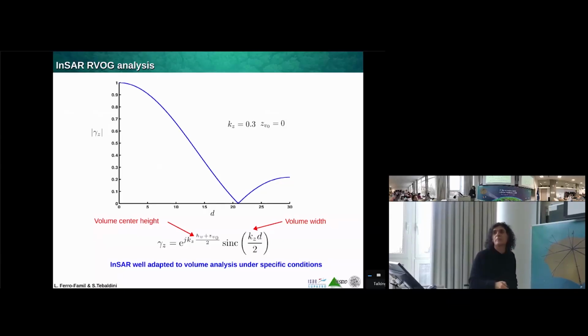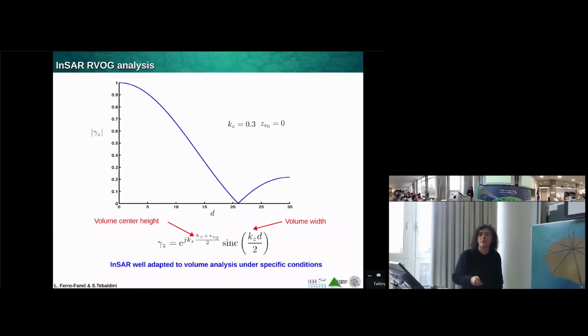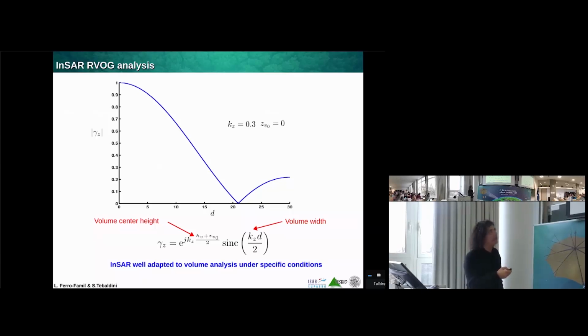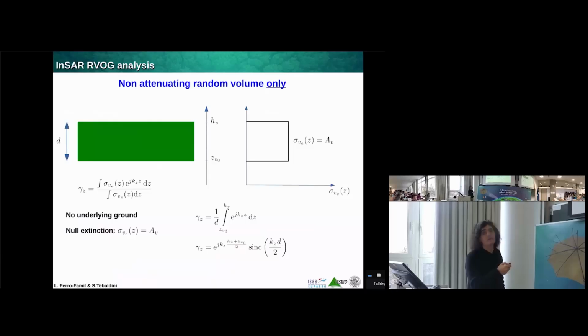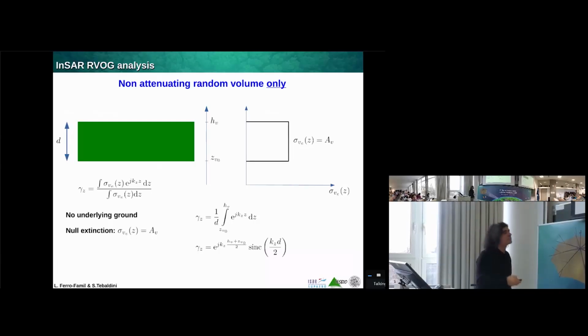So it's very interesting. It's a way to measure, in fact, one geometrical characteristic of your environment. You can measure the width of a forest by using this model. And the phase here gives you the mean elevation of the volume. Great. So you can guess the width, and you can guess the position of the volume.